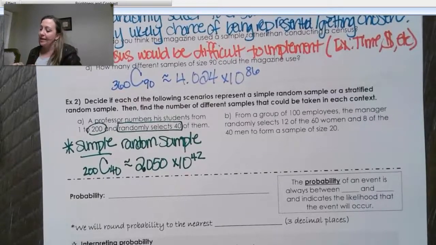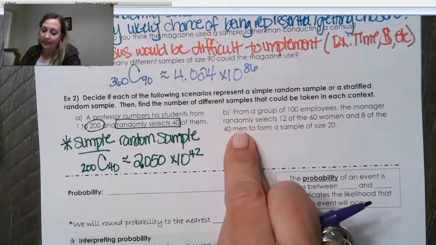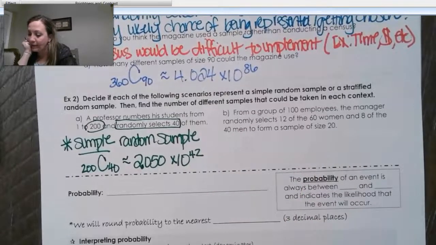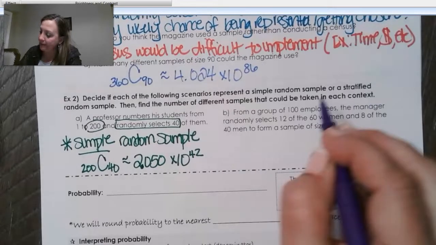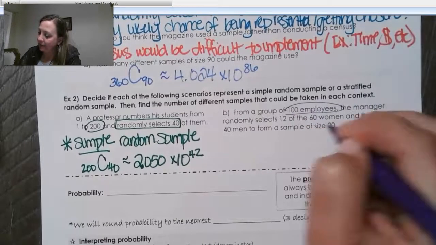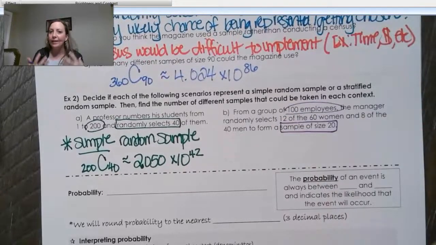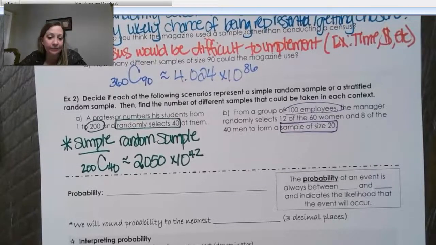Okay. Now the second one here says from a group of 100 employees, the manager randomly selects 12 of the 60 women and 8 of the 40 men to form a sample of size 20. Well, it's true that we have 100 employees and that we have a sample of size 20. But what is this manager doing before she selects those 20?